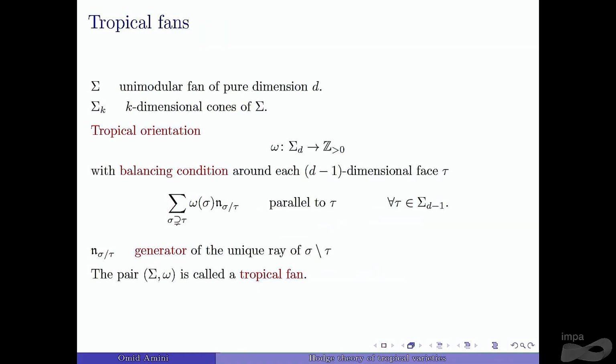Let me define the building blocks of tropical geometry, the notion of a tropical fan.